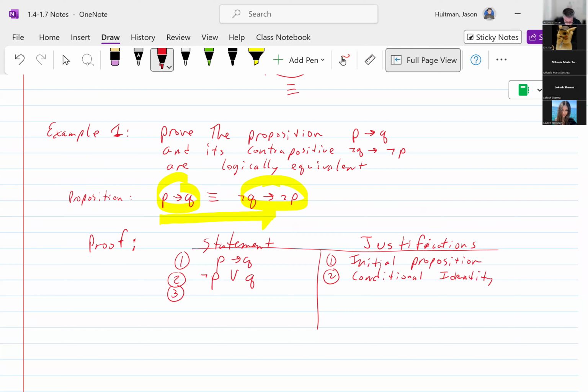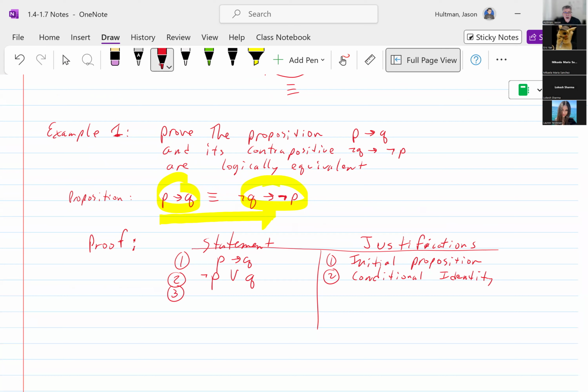Okay, number 3. Again, I'd like to get not P's and not Q's. So how can I get a not Q?